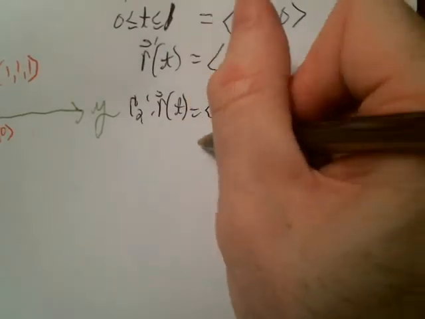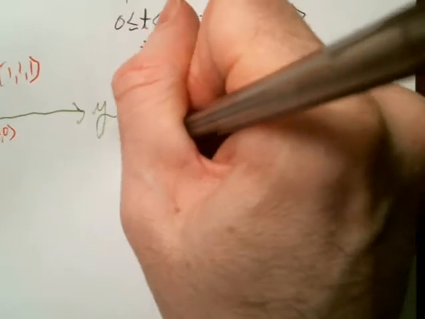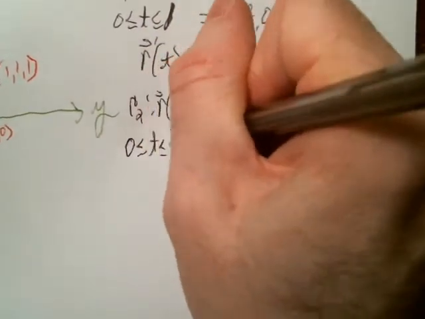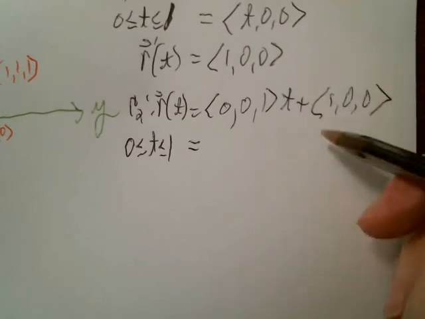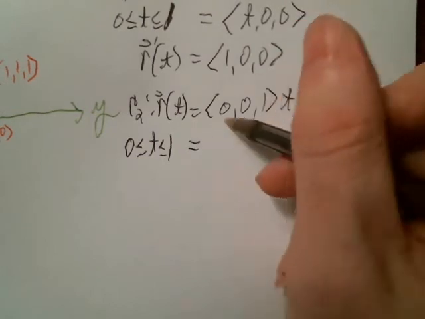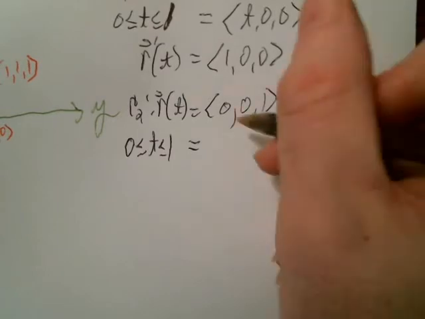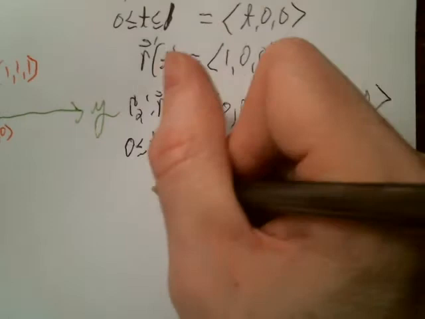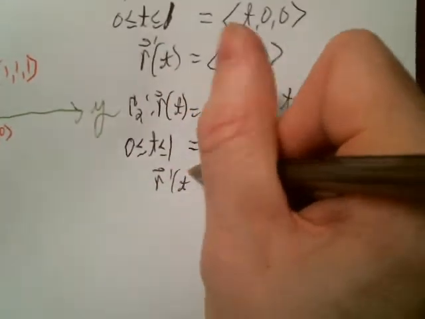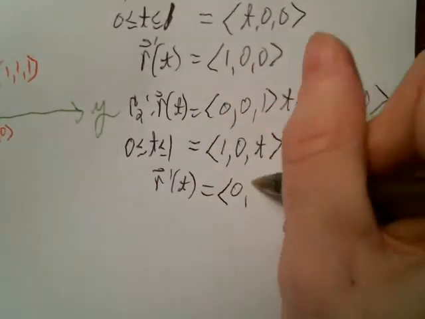Again, we could use the same t from 0 to 1, because we're going to be using a different integral. So it'll be (0, 0, t) plus (1, 0, 0), which ends up being (1, 0, t). And then we also need the derivative, so (0, 0, 1).